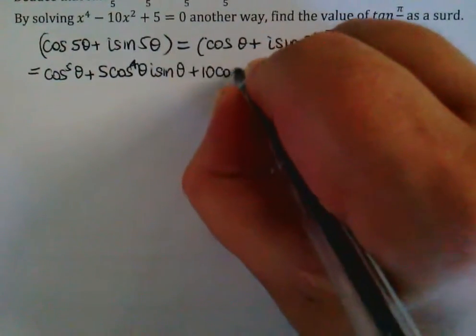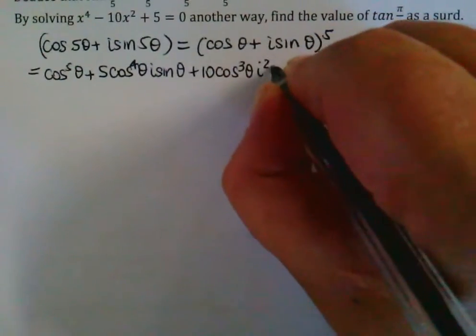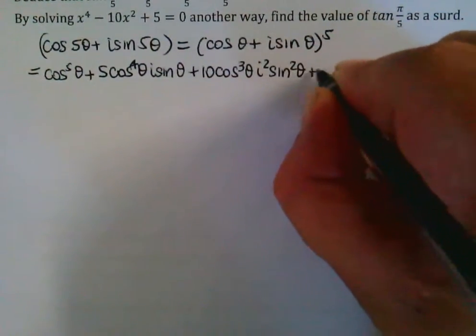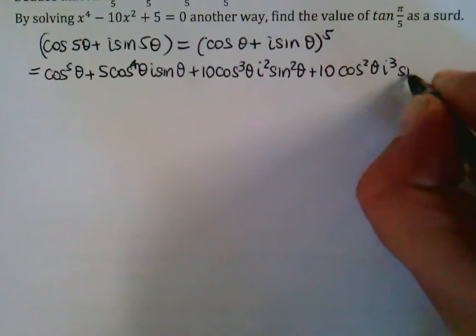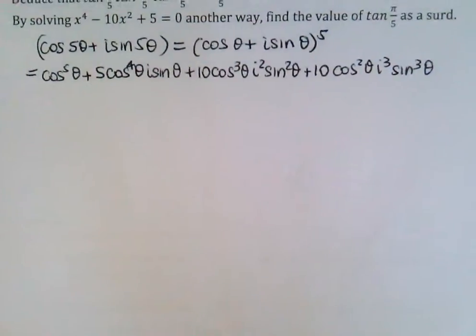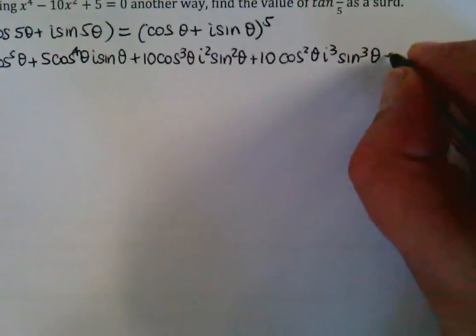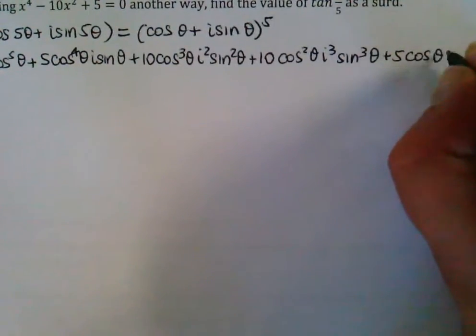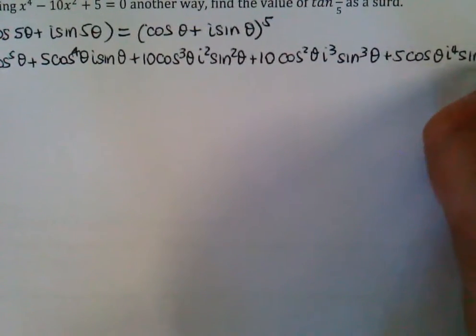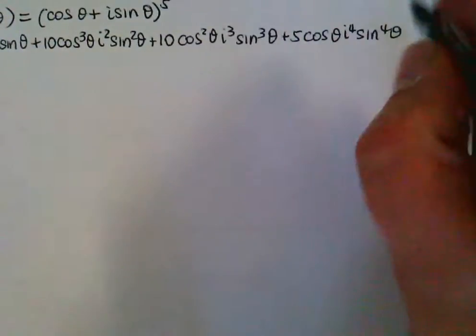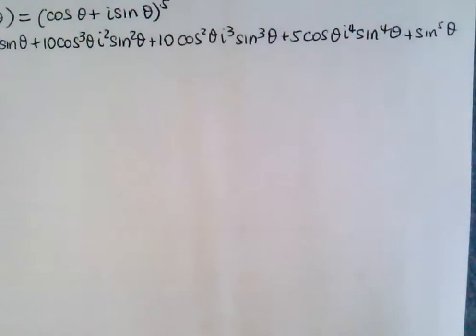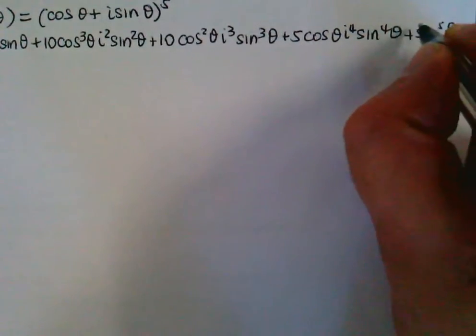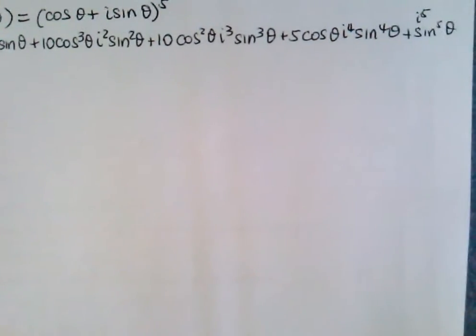Plus 10 cos cubed theta i squared sine squared theta plus 10 cos squared theta i cubed sine cubed theta plus 5 cos theta i to the power of 4 sine to the power of 4 theta plus i to the power of 5 sine to the power of 5 theta.